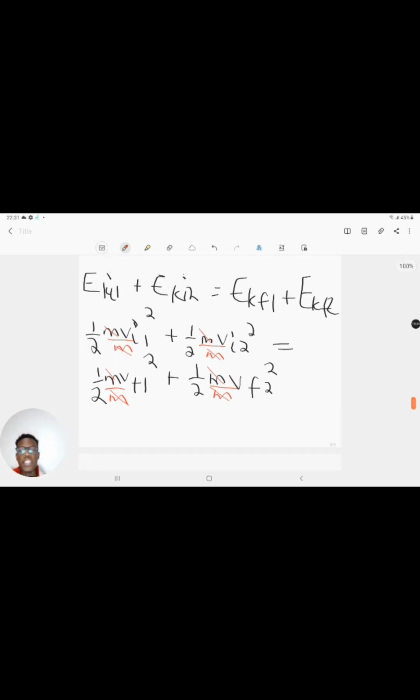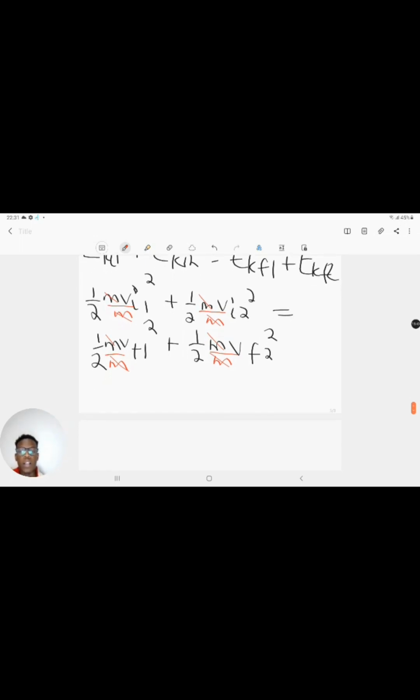Okay, then what am I left with? Well, what I'm left with is 1 over 2 velocity initial of ball number 1 squared, plus half velocity initial of ball number 2 squared.